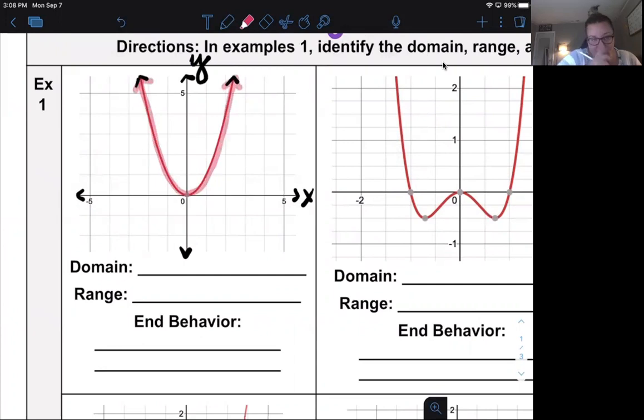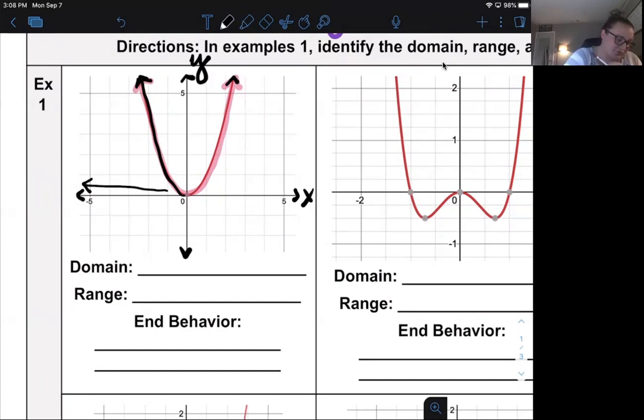So this parabola uses all of the x values to the left and to the right. For example, because this parabola extends off to the left, we know that it's going to extend to the left forever, which means that all of these negative x values are part of our domain. So when I describe domain and range, we're going to use our interval notation, just like we did with our inequalities.